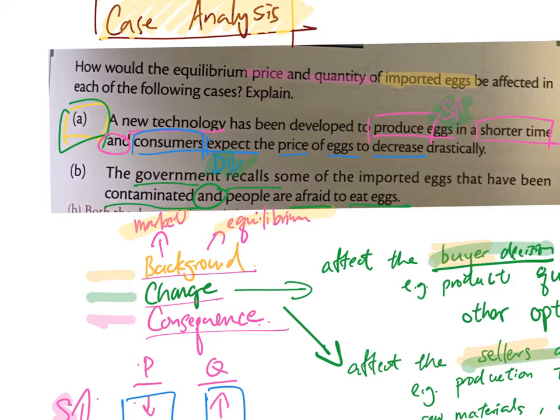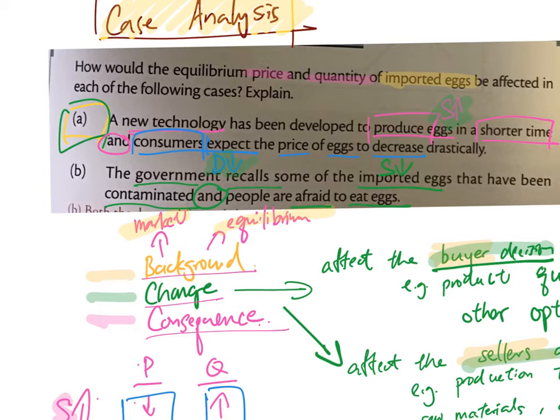Before that, I try to figure out what happened with the government recalling some eggs. Buyers or sellers will be affected. The government recovers the eggs from the sellers, so it affects the supply, and the suppliers have fewer eggs on hand. So it's a supply decrease.